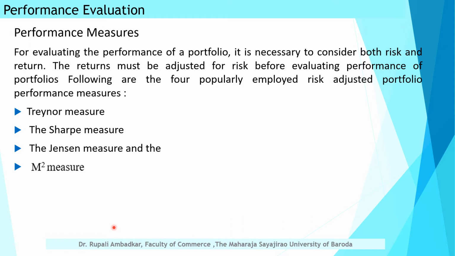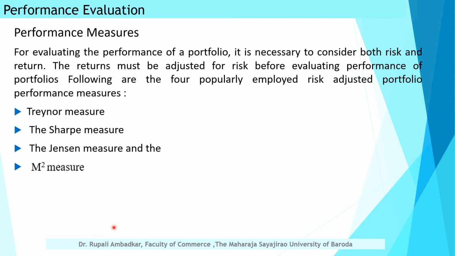So if we have portfolio A and portfolio B, and portfolio A is giving 30% return and portfolio B is giving 20% return, on the basis of absolute return measures which we looked at earlier, we would just select portfolio A, which might not be correct because both these portfolios may have different degrees of risk.